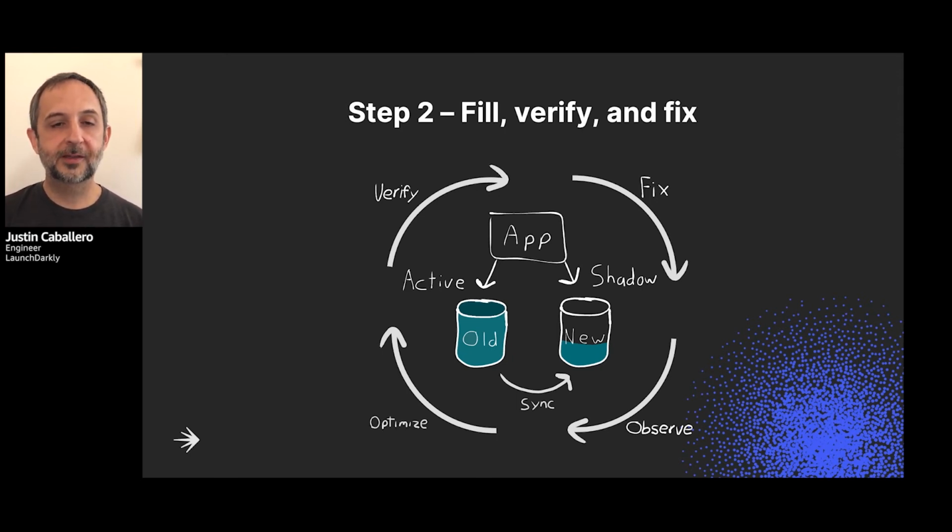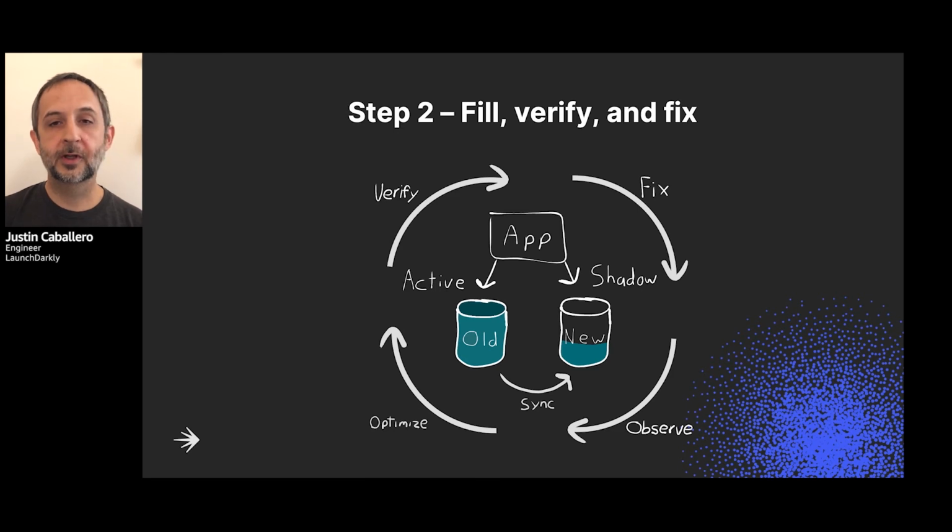So once we've got that syncing working pretty well, we can engage in this loop that's shown here where we verify that both the old and new are giving us the same answer. And if we find errors or deltas between the two, we do some fixes. We also are observing the performance of the new database. And as needed, we're optimizing that or changing the queries or adding indexes, whatever we need to do to get the performance at the same level it has been.